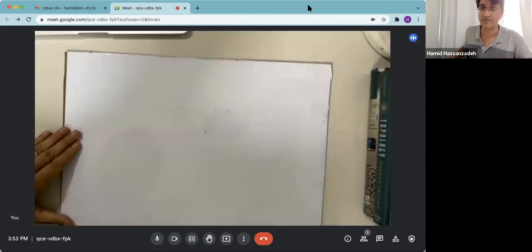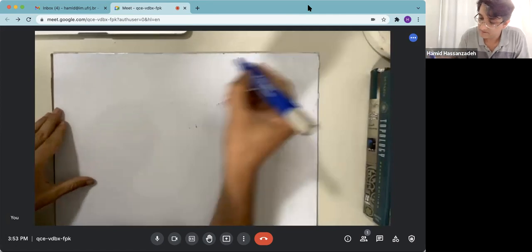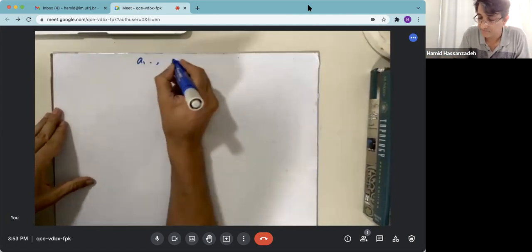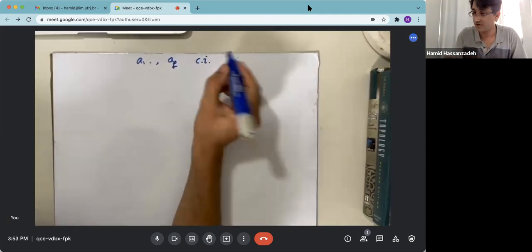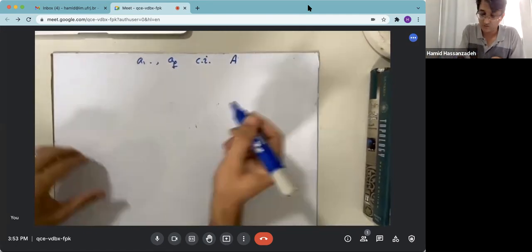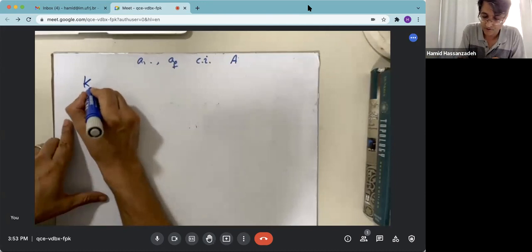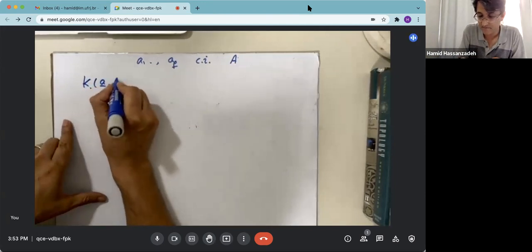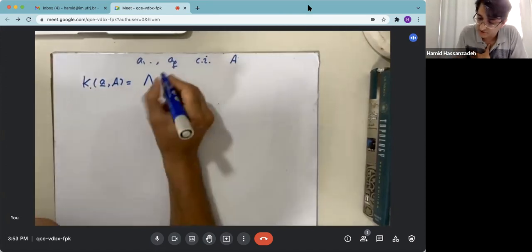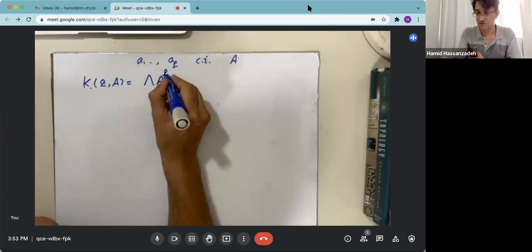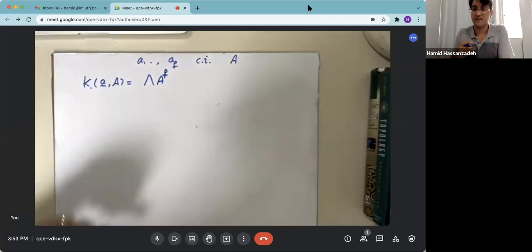When you have a complete intersection, let's say a_1, ..., a_F, over the ring A, then the Koszul complex of this sequence on A is just the DG algebra structure on the free module A^F. So it's just the exterior algebra of A^F.